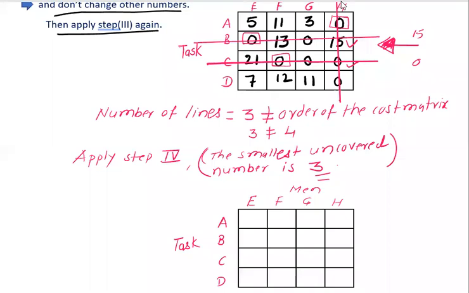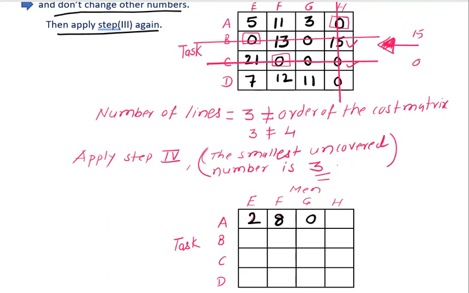All right, so we will apply step number 4. The smallest uncovered number is 3. Subtract it from all the uncovered numbers. So 5 minus 3 we get 2. 11 minus 3 we get 8. Then 3 minus 3 we get 0.